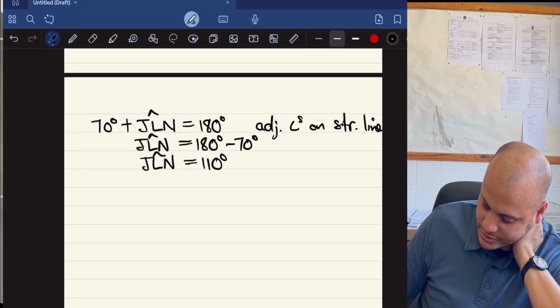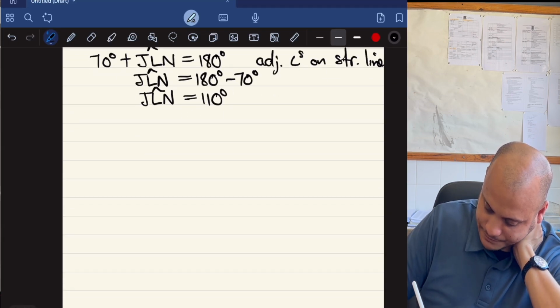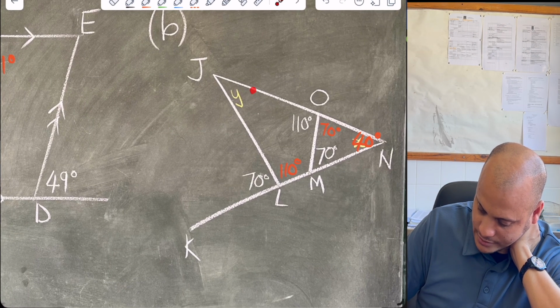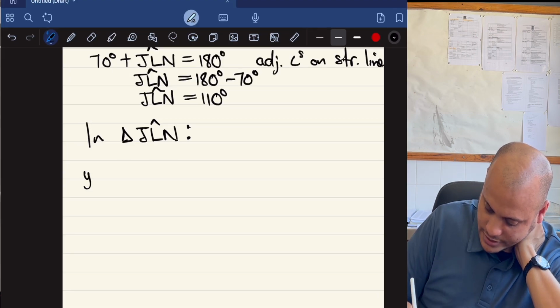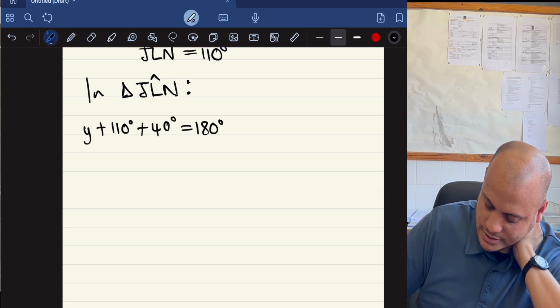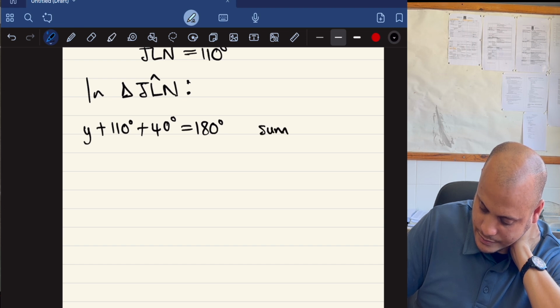So in triangle JLN, I can say that y plus 110 degrees plus 40 degrees is equal to 180 degrees. Reason is sum of interior angles of triangle JLN.